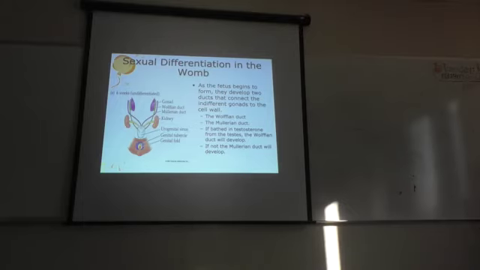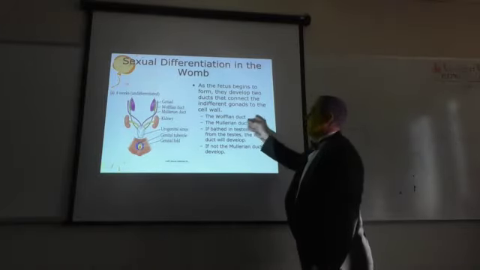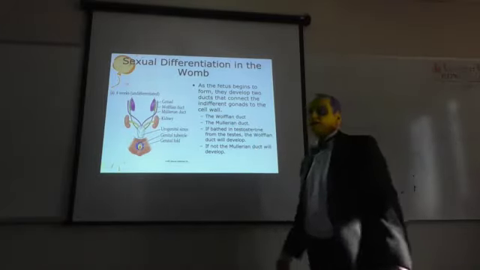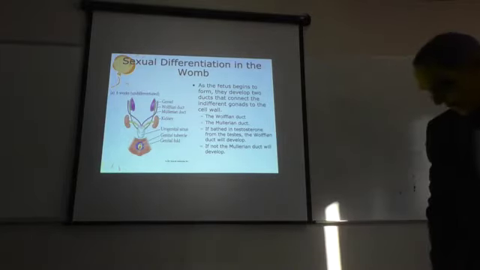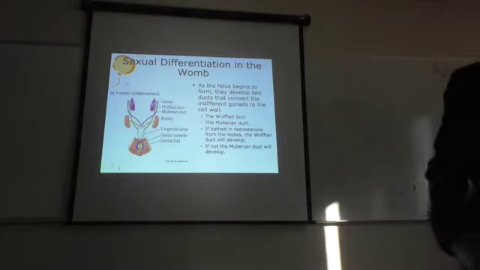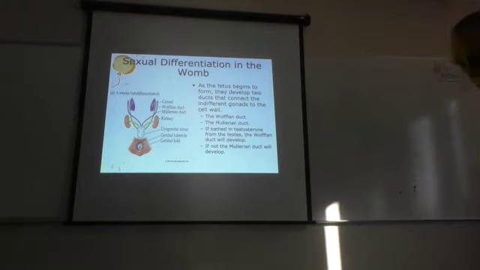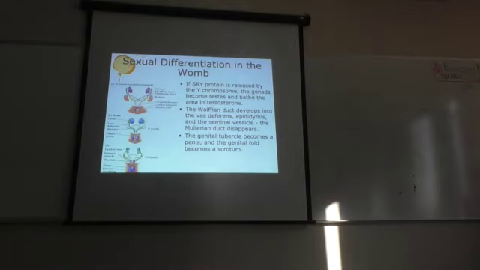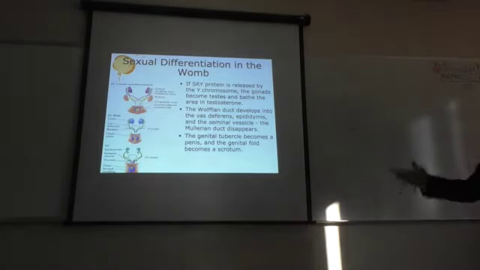Okay, so we've got a Mullerian duct and we've got a Wolffian duct. If the individual turns out to be a male, then the Wolffian duct will develop, and if not, the Mullerian duct will develop. As the fetus begins to form, they develop two ducts. We already talked about that. If the SRY protein is released by the Y chromosome, the gonads become testes and bathe the area in testosterone.